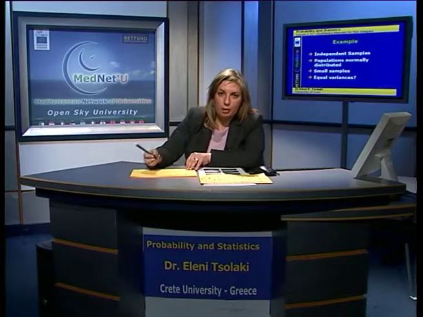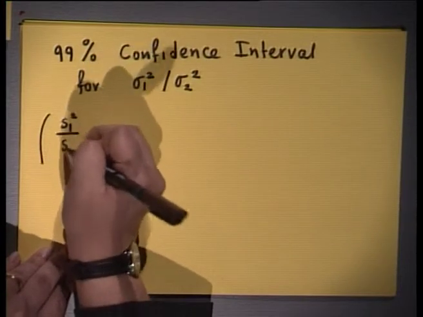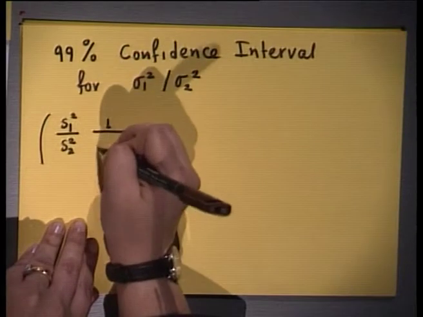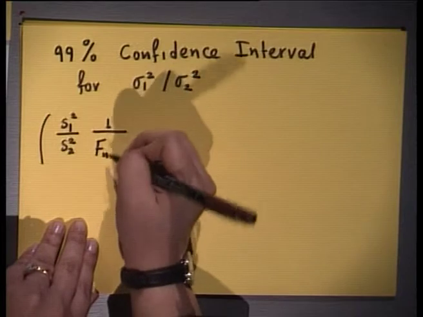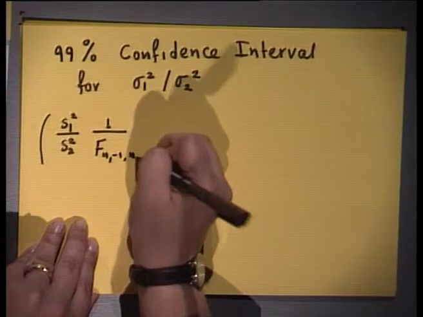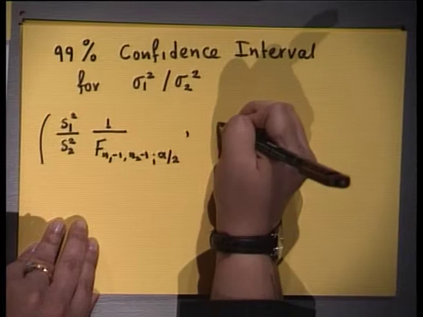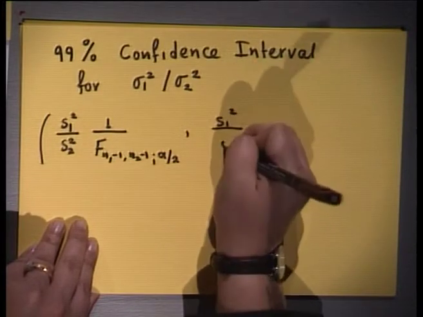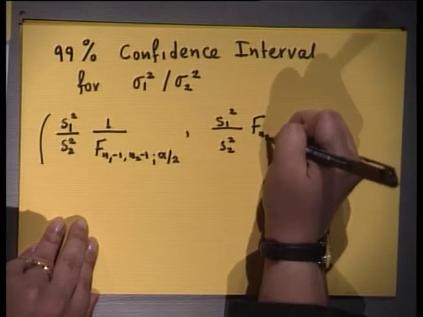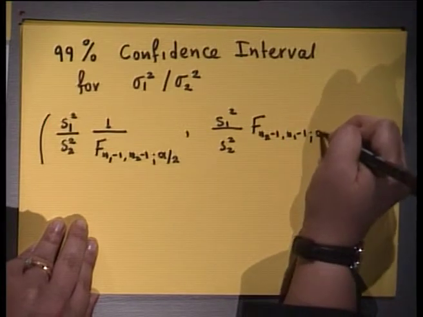Now we know the formula we have seen: S1 squared over S2 squared, the sample variances, times 1 over the F distribution with n1 minus 1 degrees of freedom and n2 minus 1 degrees of freedom for the lower limit, and for the upper limit, again the F distribution, this time with n2 minus 1 degrees of freedom and n1 minus 1 degrees of freedom, at alpha over 2.